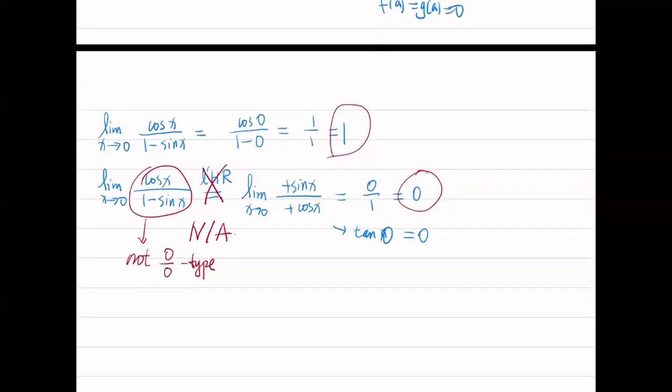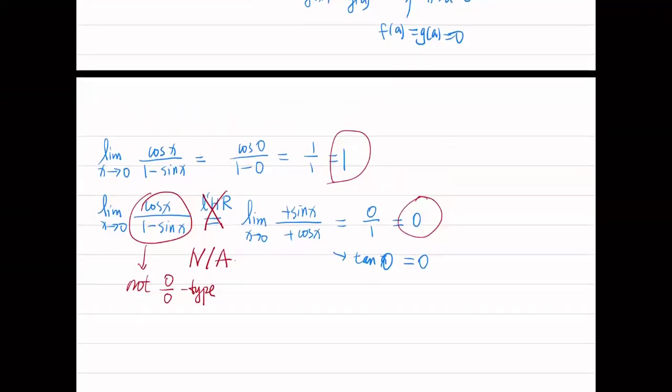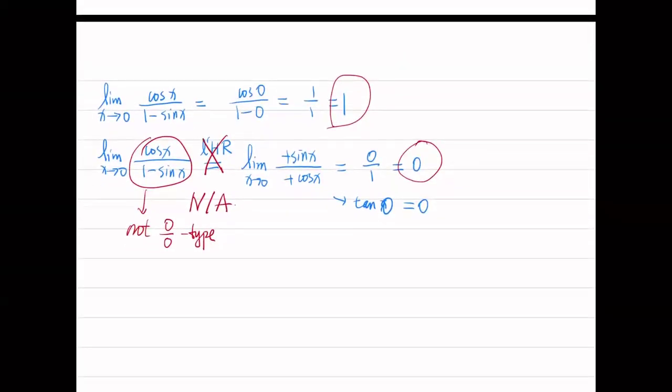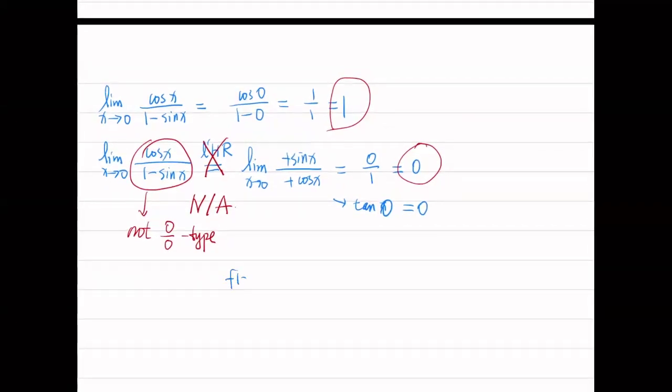Essentially, this L'Hopital theorem tells us which one goes to 0 faster. Which one goes to 0 faster? f(x) goes to 0, g(x) goes to 0.